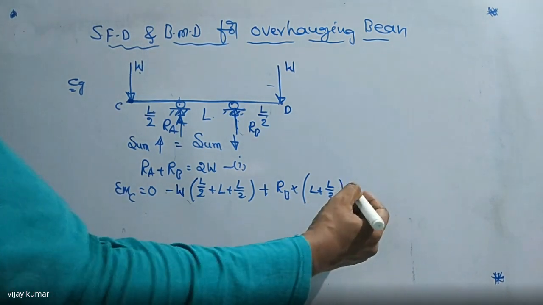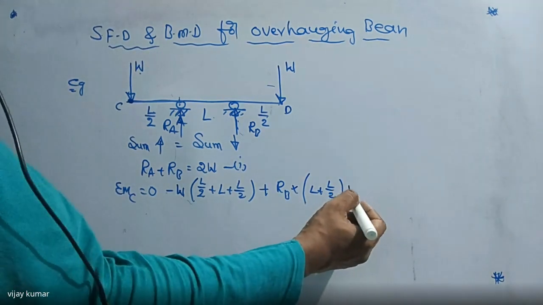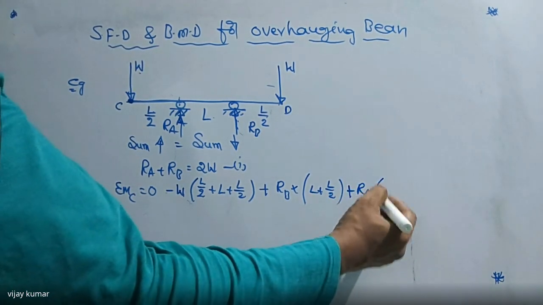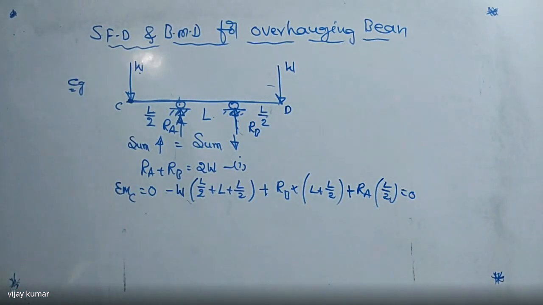And another one is RA, which is also moving in upward direction, into how much? L by 2, equal to 0.